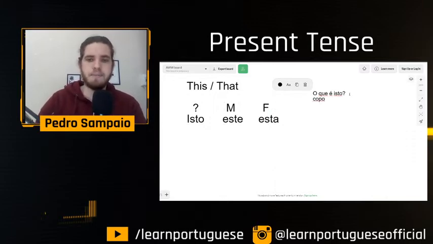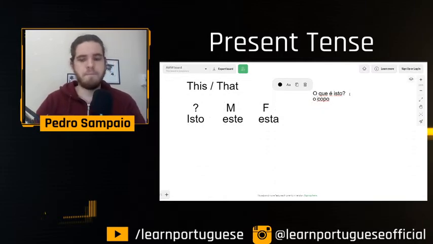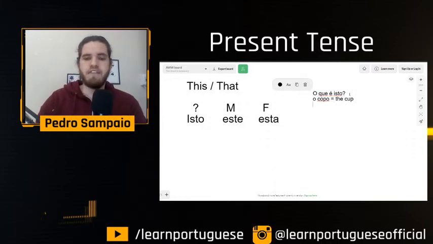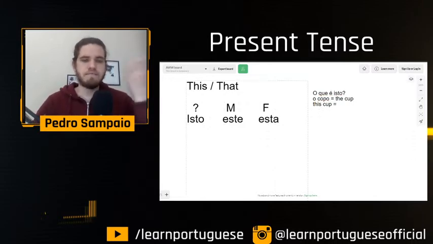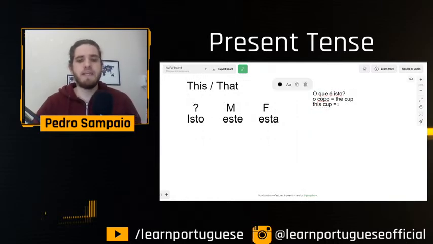Copo is a cup and copo is masculine. So we would say o copo, right? So it's the cup. If I want to say this cup is a specific one, I would use este because it's next to me. So this cup would be in Portuguese este copo. So far so good.